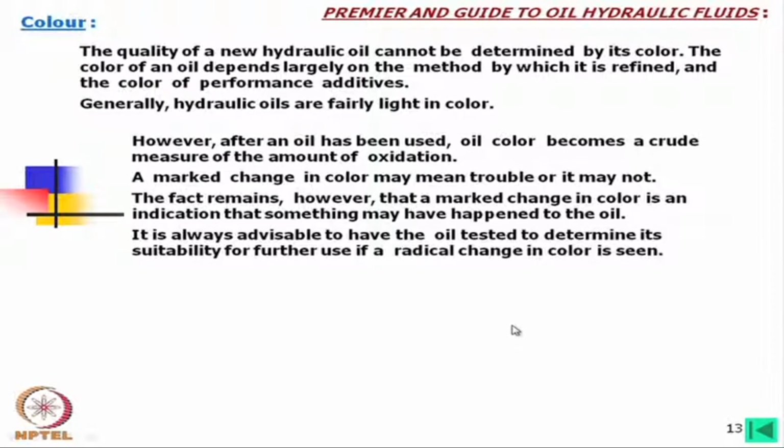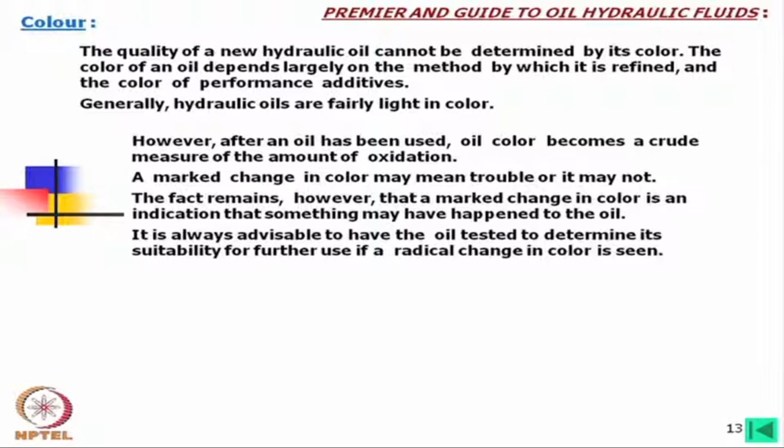Now, this radical change we should understand in this way. Suppose you have inspected the oil, and after a few days you find that the oil has become too darkened. That is due to the failure of the oil, and due to some component being worn, or maybe the oil is being burned at some points, or too much friction is there.